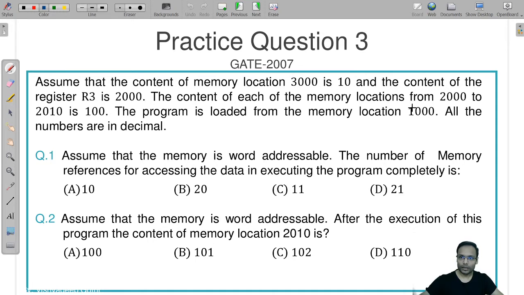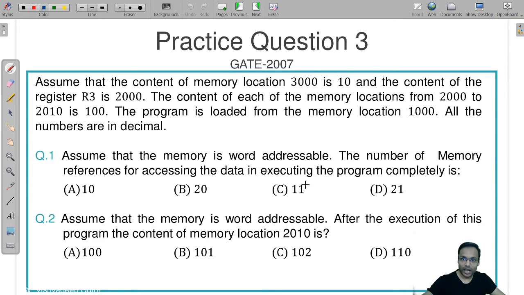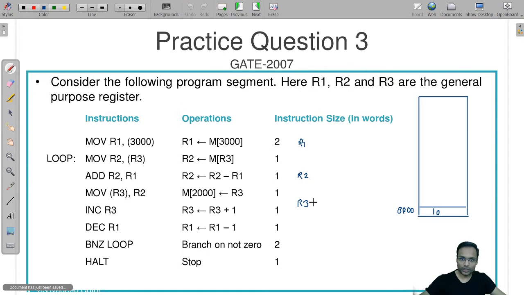Next, the content of register R3 is 2000. So you have three registers, R1, R2 and R3, and register R3 contains 2000.